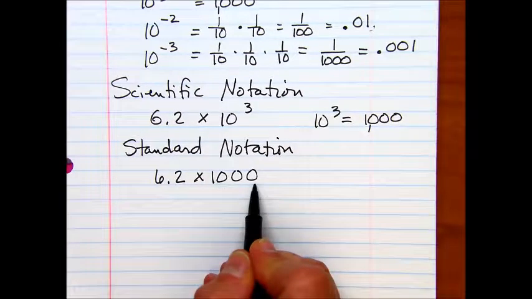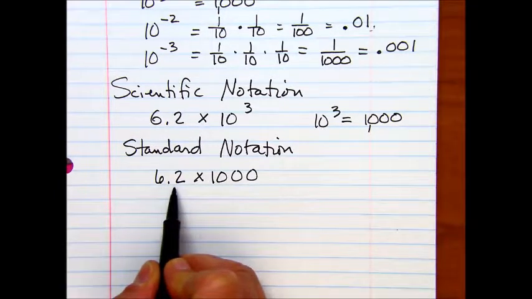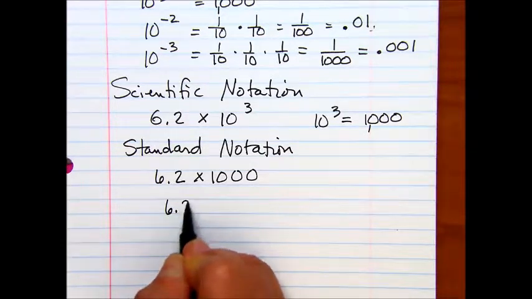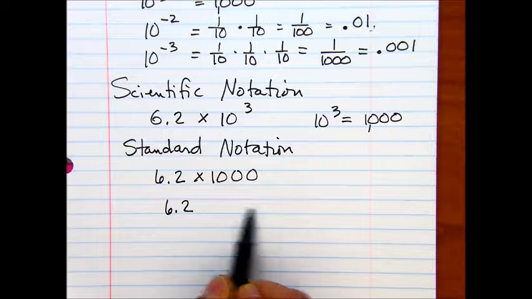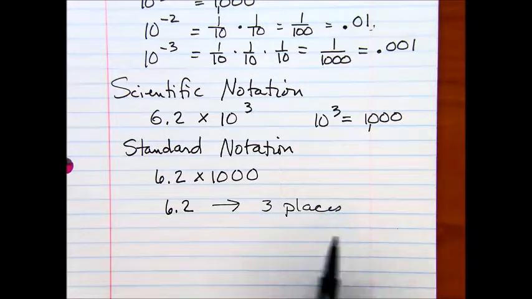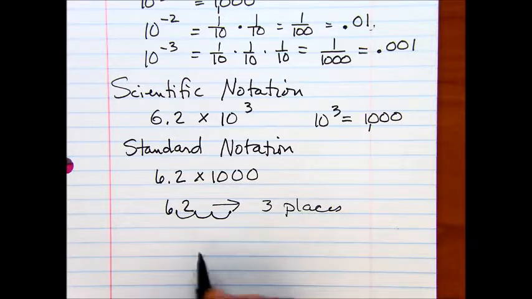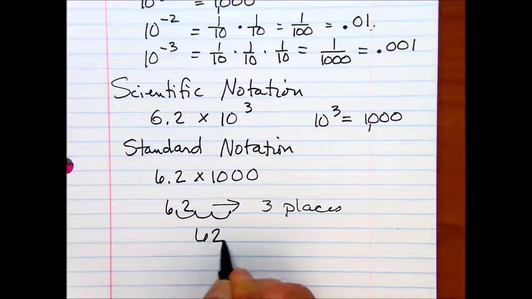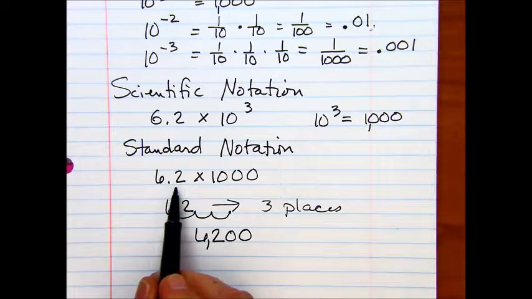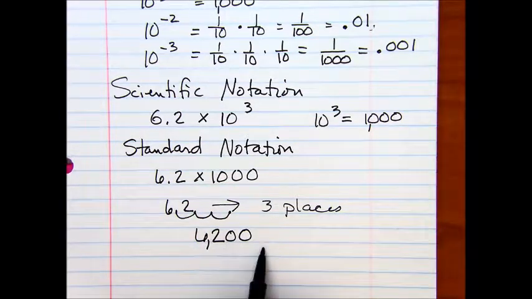This is 10 to the third power, which is 1,000. If we multiply this by 1,000, we're basically moving the decimal point in 6.2 to the right 3 places. So we're going to go 1, 2, 3, and that's going to become 6,200. Okay? So 6.2 times 10 to the third power is really 6,200.